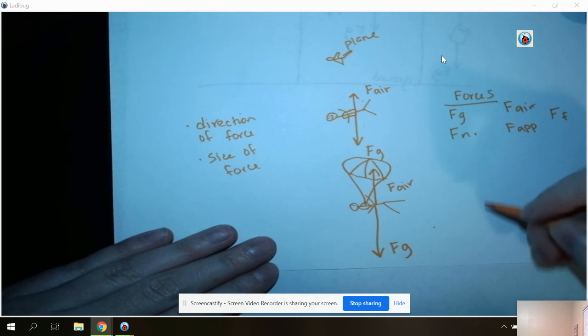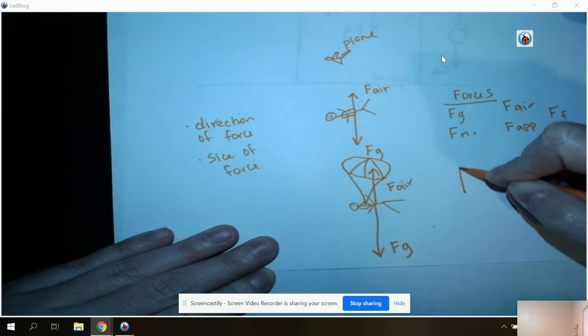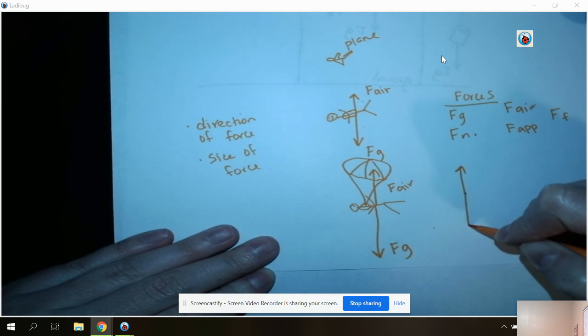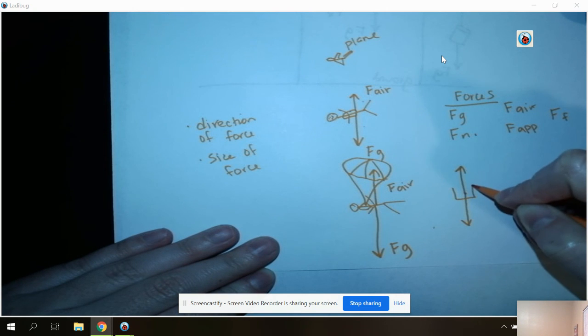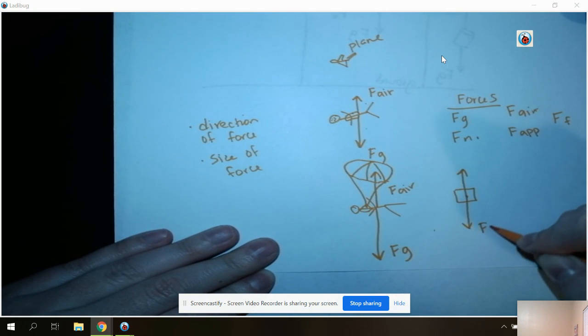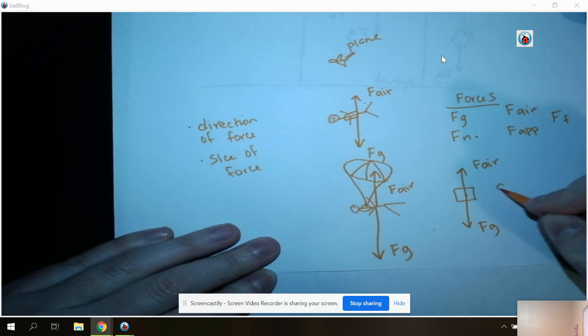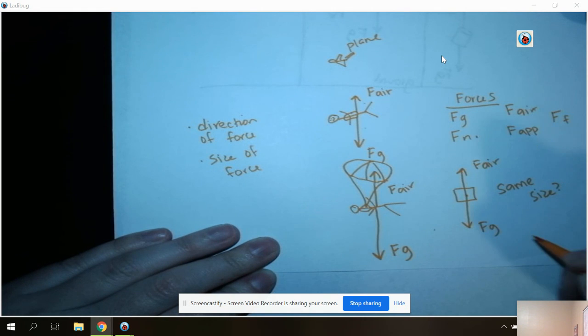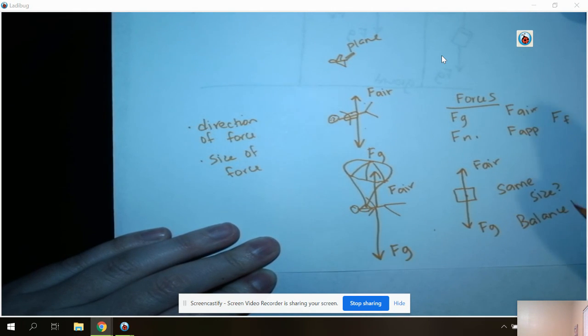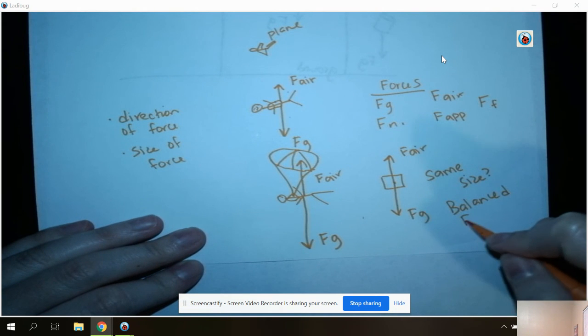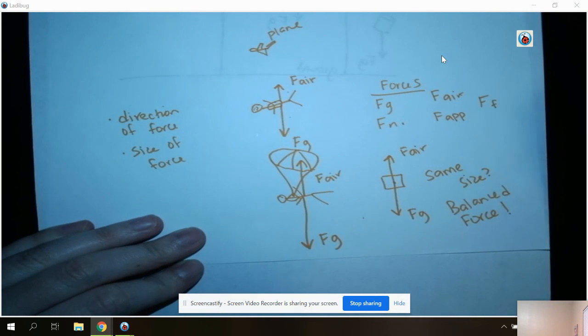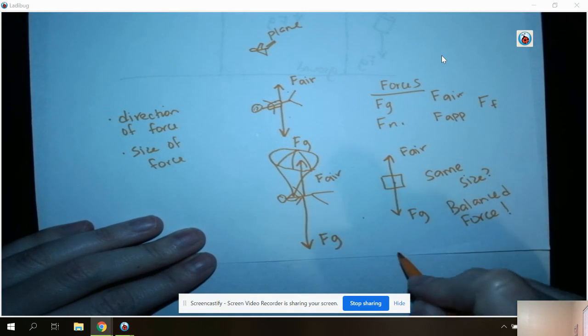And then finally, they're going to be the same length. So if I was to draw it over here on like a box, then I'd have force of gravity and force of air resistance. If these are the same size, then I have a balanced force, which, as you guys remember, means one of two things.